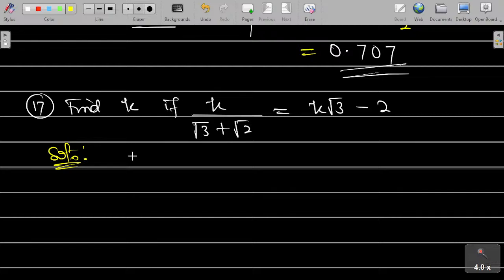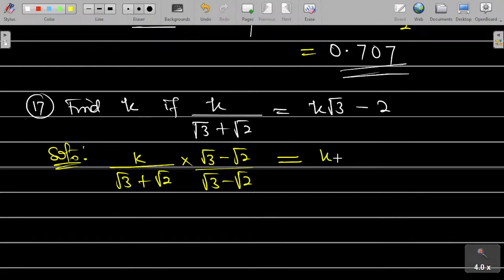Just like what we did in 16, to rationalize is to multiply both numerator and denominator by the conjugate of the denominator. The conjugate of the denominator is just to change this sign to minus. So that's going to be root 3 minus root 2. And then on the right hand side, you bring down this the way it is.